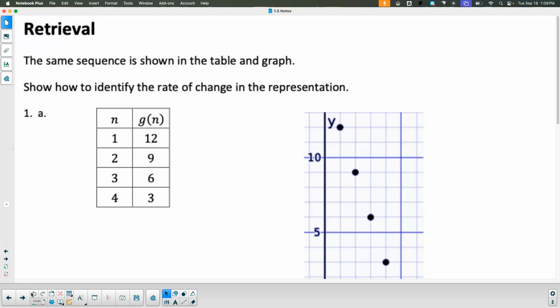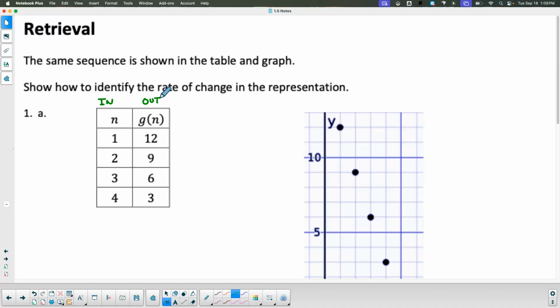All right. So on the table, how do I find the rate of change? Where am I looking? In the table, where am I looking for that common difference? So I'm looking on that G of n column, the output column, right? We talked yesterday about how this column would be our inputs, and this column is our output.